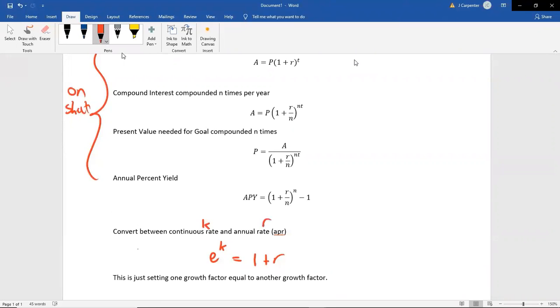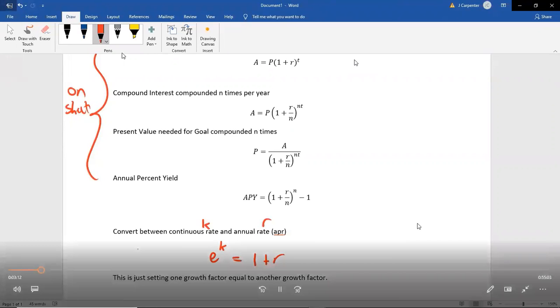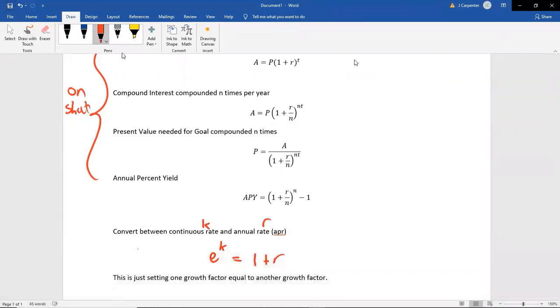And we also said that this is kind of like doing an APY, but instead of going from compounding monthly to yearly, it's like going from compounding continuously to yearly. So this R here is also known as an APY, and we're only able to go from the continuous rate K, excuse me, to the annual rate R. We are not capable of going backwards, and by not capable, I mean I haven't taught you how to do it.